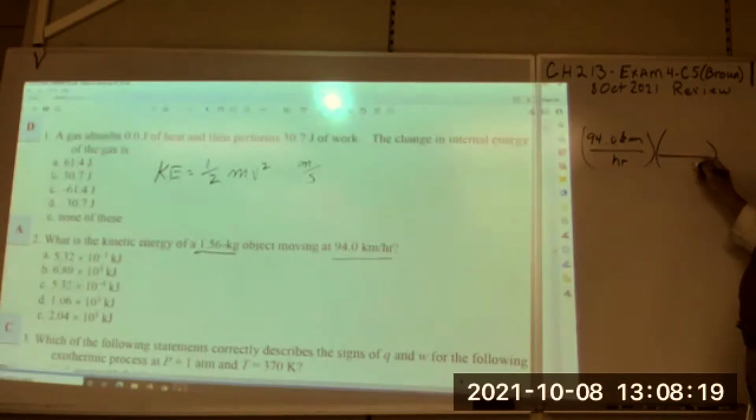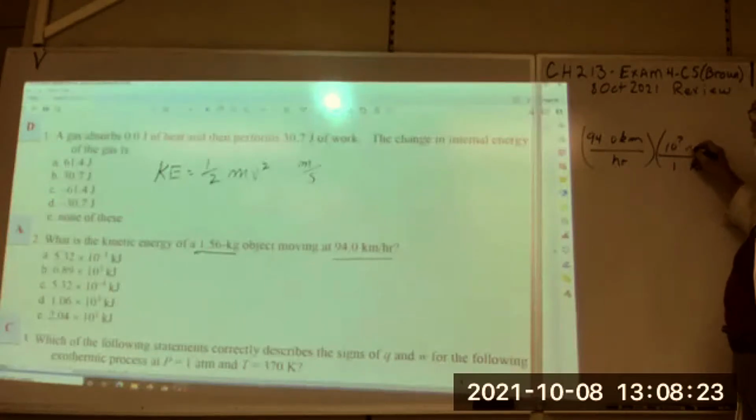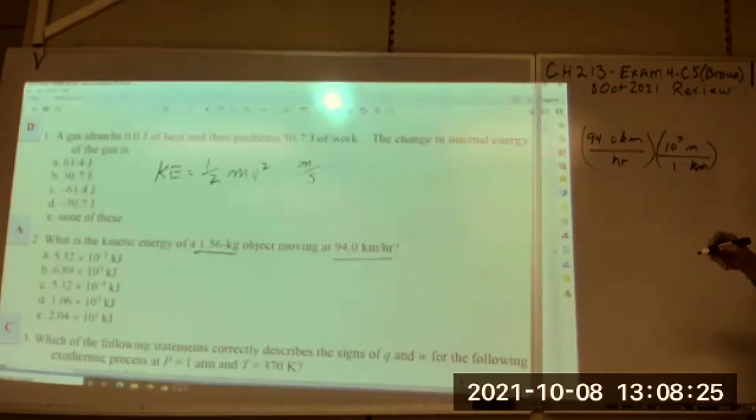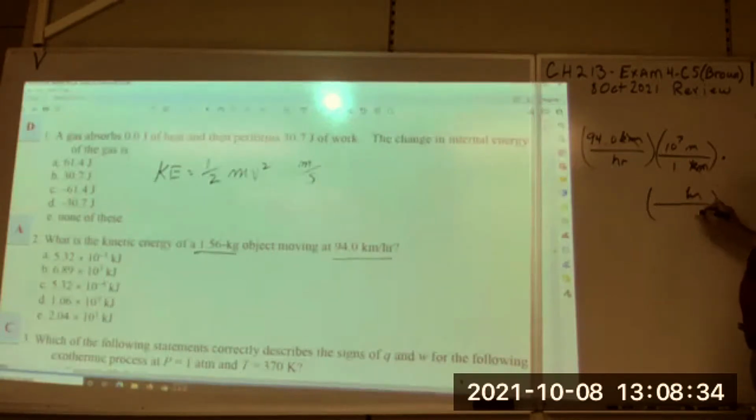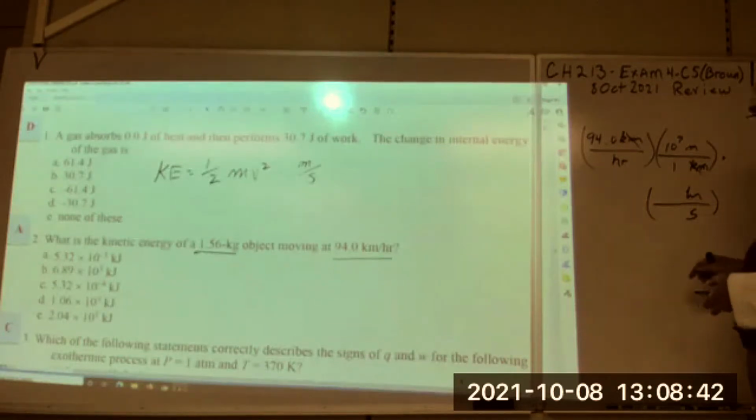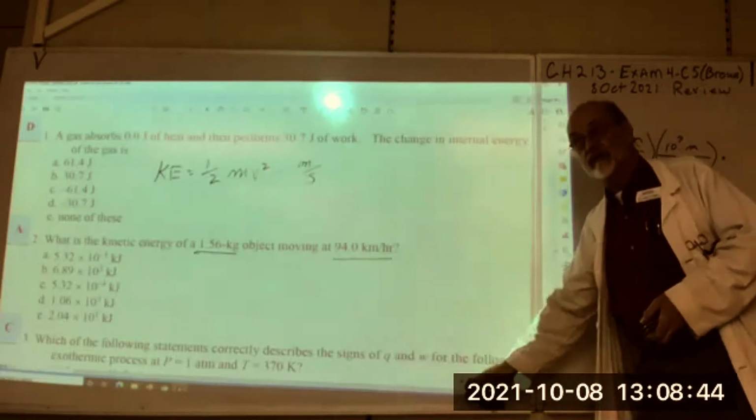So I'm going to take kilometers first. 1 kilometer is 10 to the 3rd meters, 1,000 meters. That takes care of that one. Now, how about hours? We've got to get rid of hours and leave us with seconds. Do you know how many seconds are in an hour? If you don't, we can just chain them together.